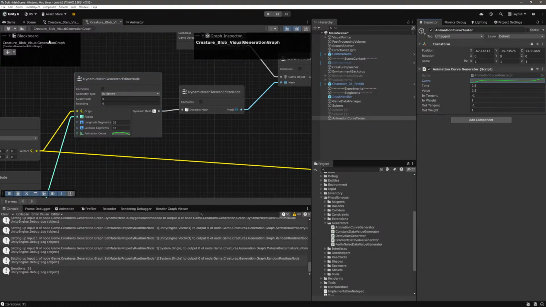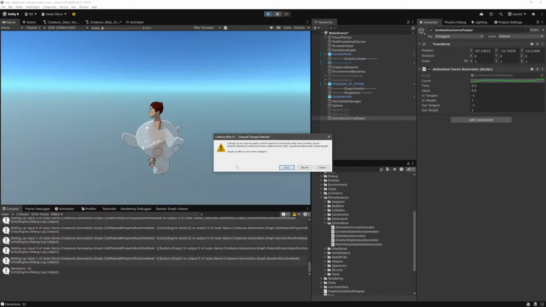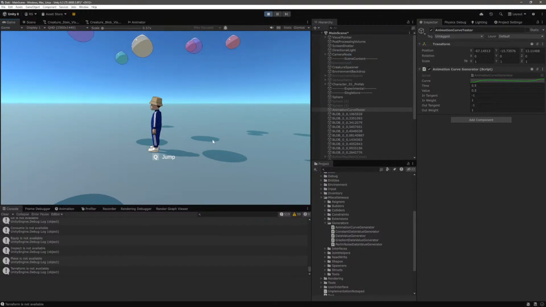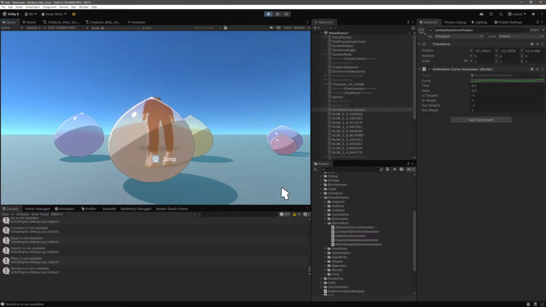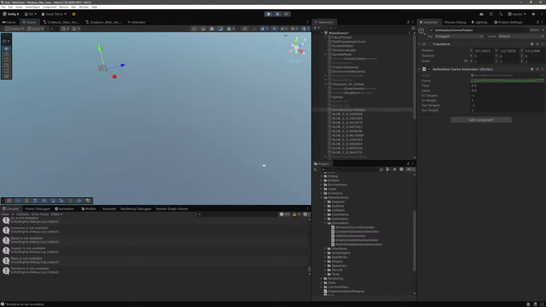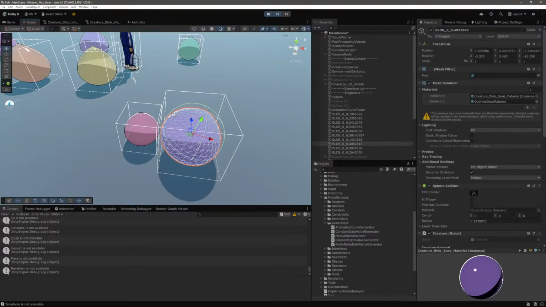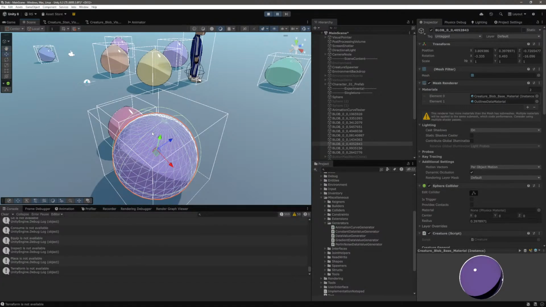One rule for the blobs is the keyframes should be at 0, 0.